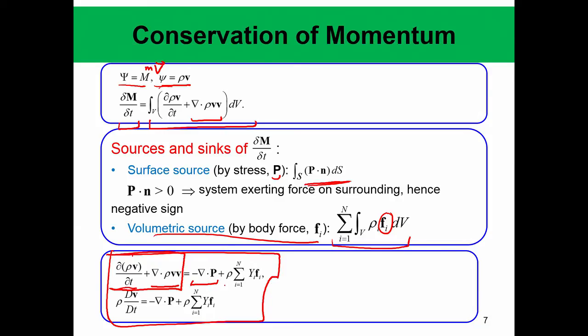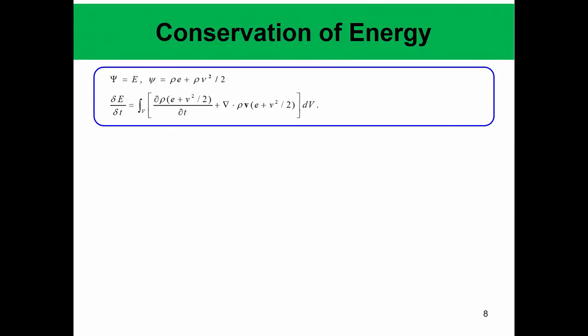This force can also be exerted by a volumetric source in the form of body force. So the total dv dt, which is the total acceleration, is given by minus gradient of the pressure tensor, which is the total force, plus the body force. We will later break this up into the actual pressure and the viscous forces, and we will eventually neglect this.